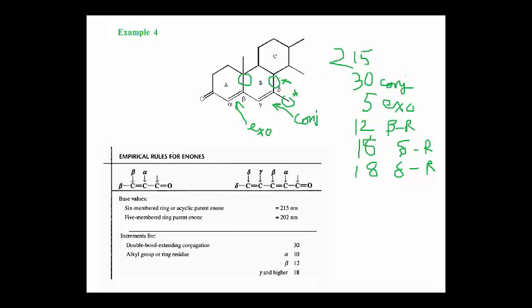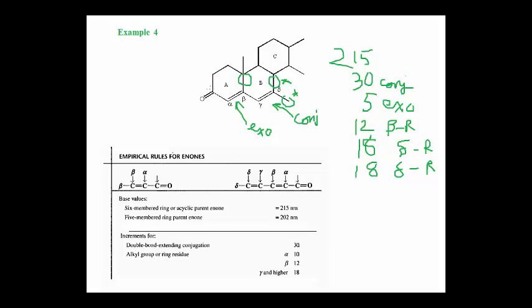Alright, that should be everything. You always want to double check. The easiest mistake to make is to overlook something. Oh, by the way, notice the CC bond here is not considered a carbon substituent.